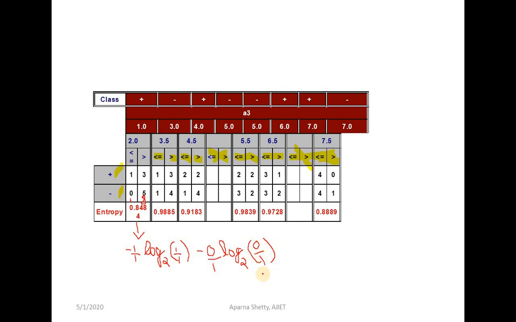This was for less than or equal to, correct? Same way, I'll calculate for greater than.